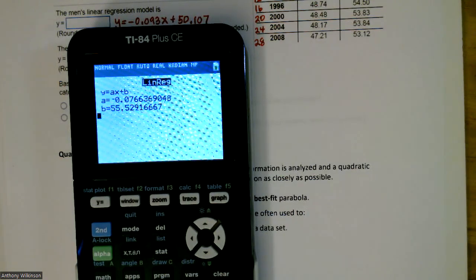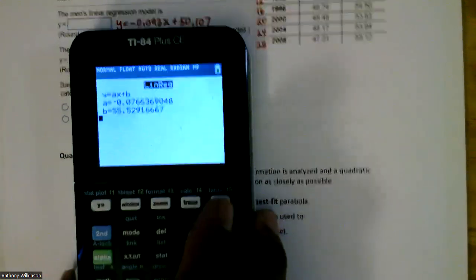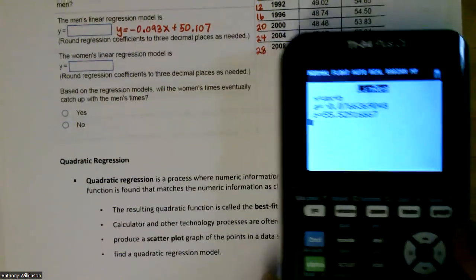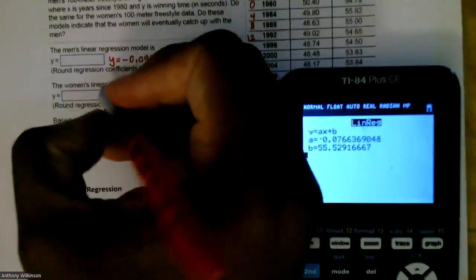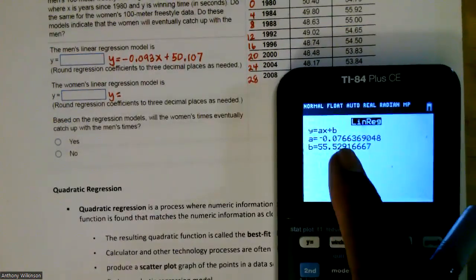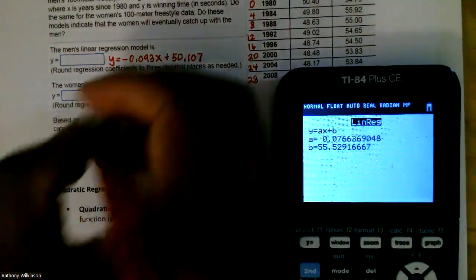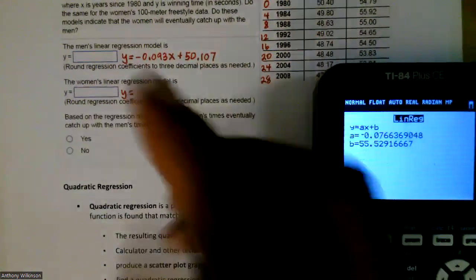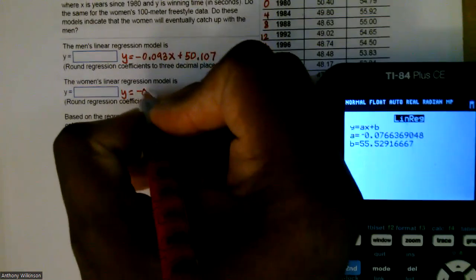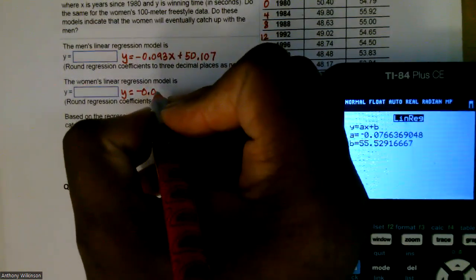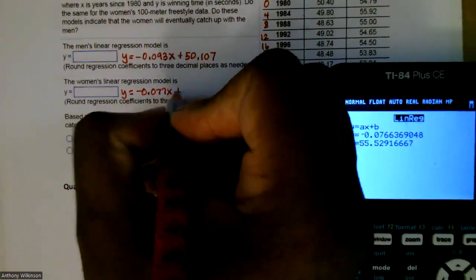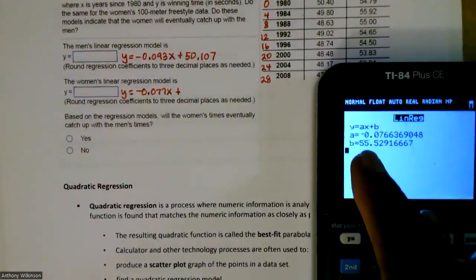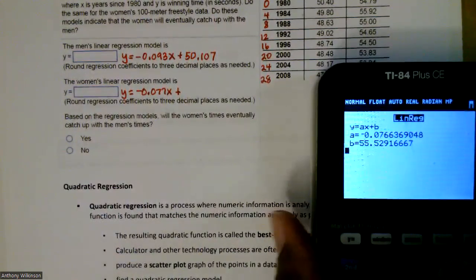Okay. So here's my linear regression equation, which will be y is equal to, to 3 decimal places, negative 0.77x, and then plus 55.529.